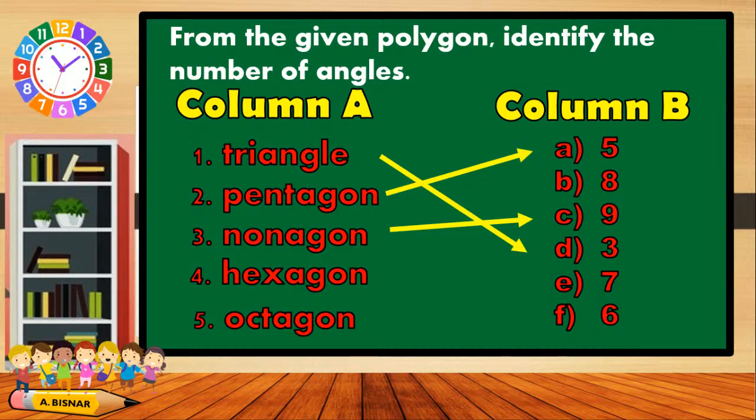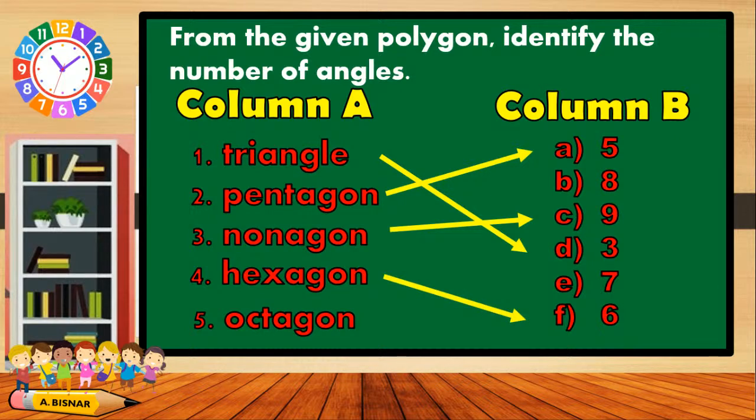It's correct. How about number 4? Hexagon. Good morning, Villarino. O, ayan, naka-comment ka na. Number 4, hexagon. That's correct. Ah, hexagon, not heptagon. Hexagon. Okay, Clark is correct. It has 6 sides.